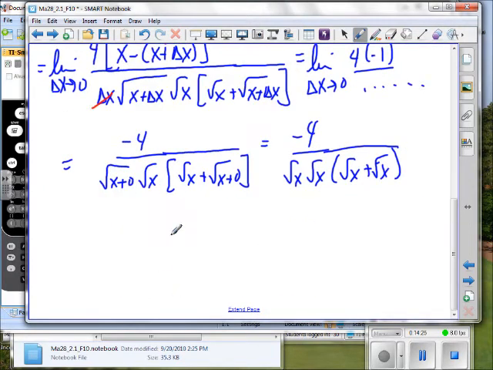Careful when you combine those. Square root of x times square root of x is x. What's this going to be? 2 square root of x, which ends up with negative 2x the square root of x. Do you have to rationalize the denominator? No.